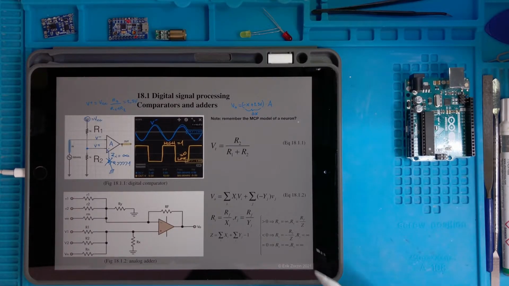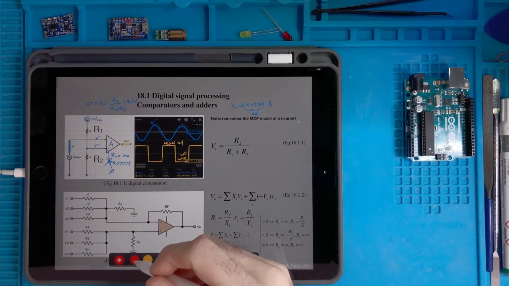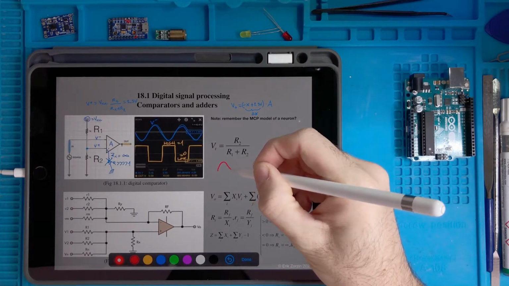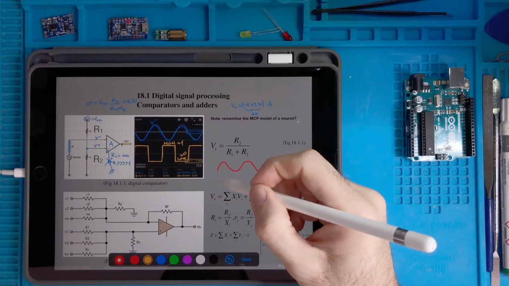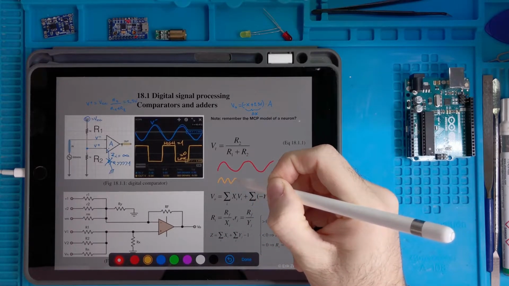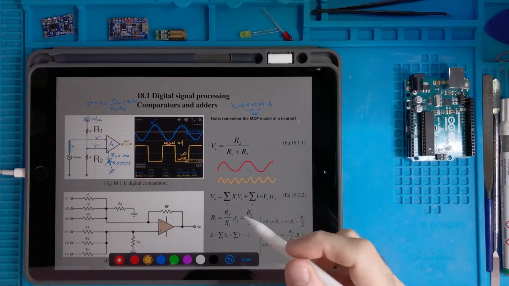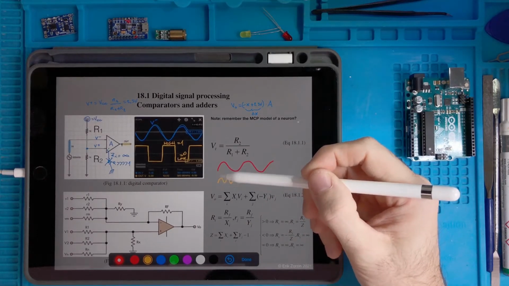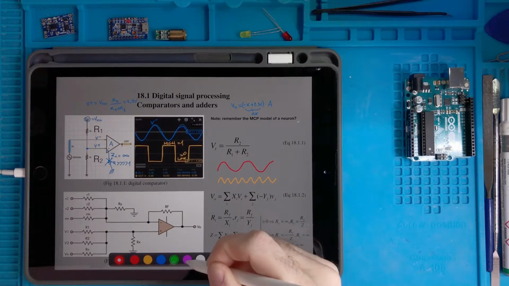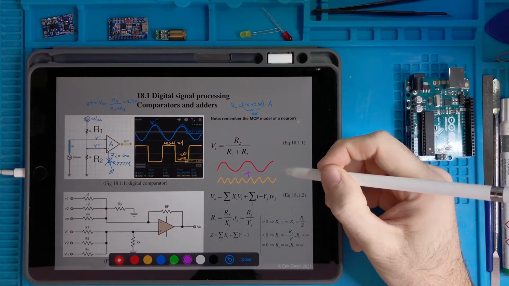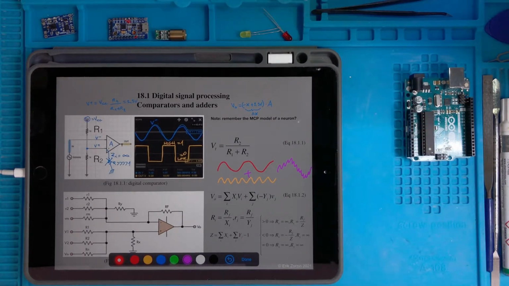By summation I mean that if we have a signal like this, for instance, and another signal like this one, and I put them on a graph and point by point I add the values of those two signals, then the result will be something like this, and so on.